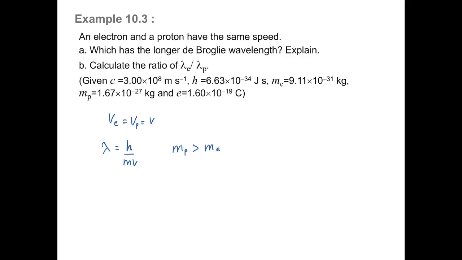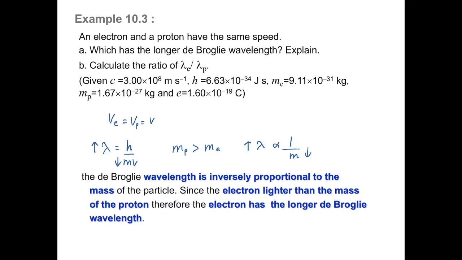Electron has lower mass, which means that it has a longer de Broglie wavelength compared to the proton, because lambda is inversely proportional to m. If m decreases, then the wavelength or lambda will increase. You can answer this question by writing the equation and then explaining it using these sentences.